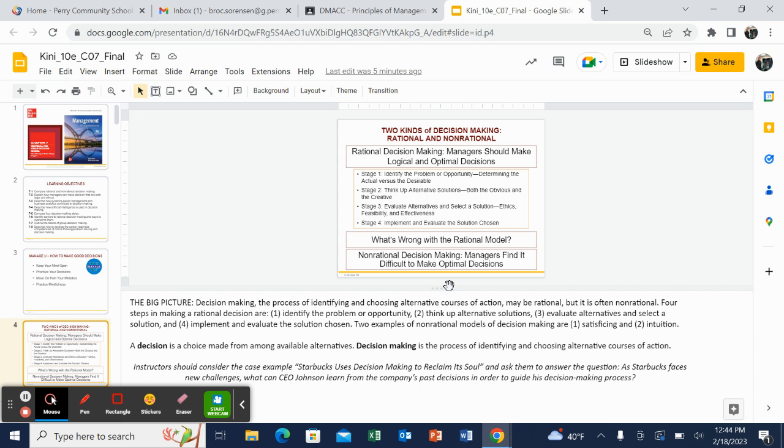So, one obvious, maybe one a little bit more creative. So you have to think up alternative solutions, multiple ways to attack a problem or an opportunity.